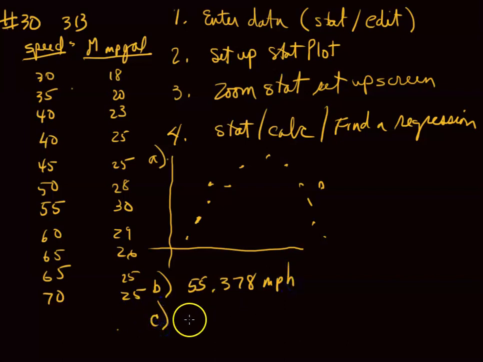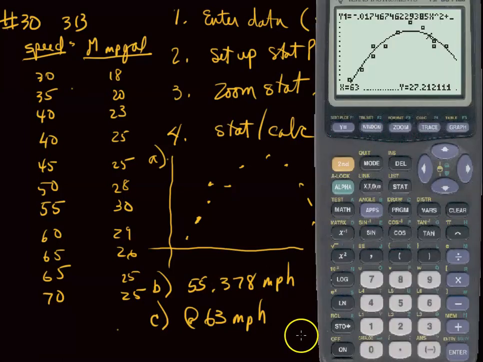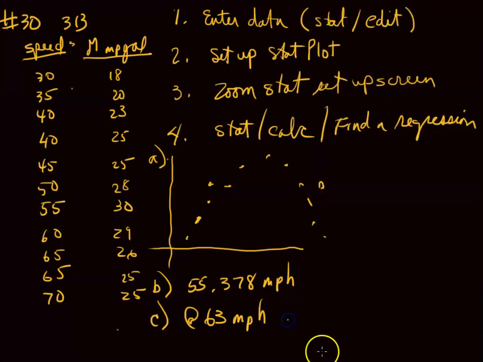Part C, at 63 miles per hour, you get 27.212 miles per gallon.